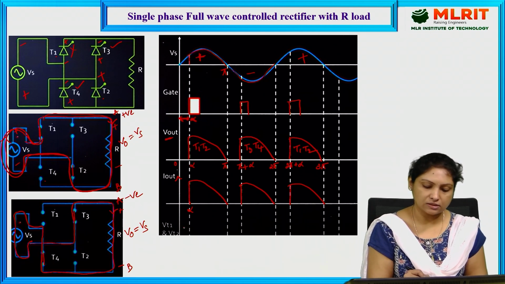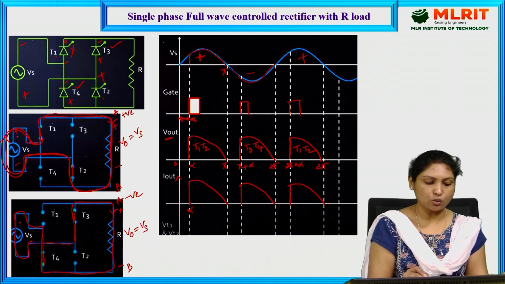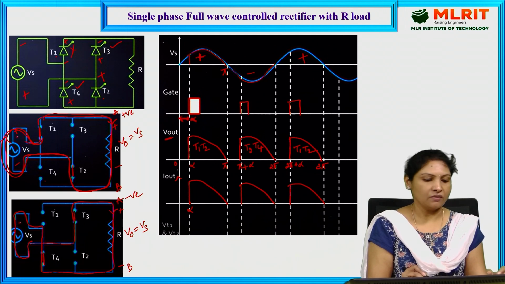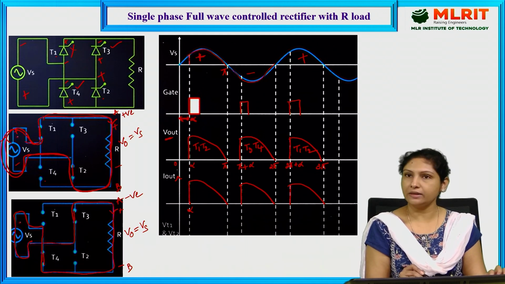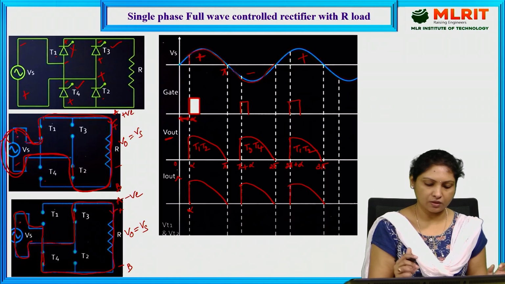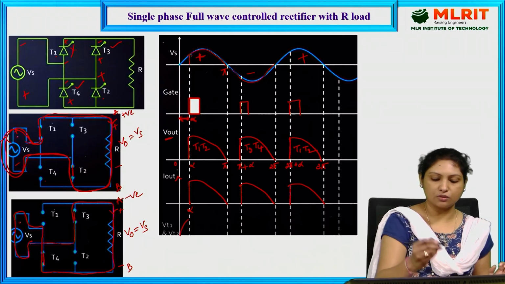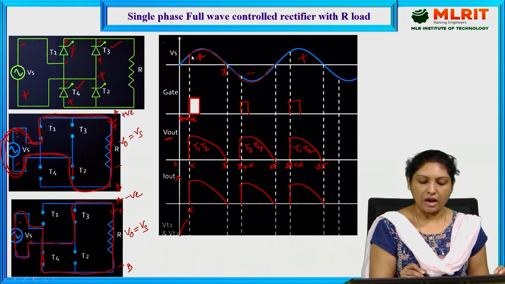So when thyristors T1 and T2 are in the off state, whatever supply voltage we are applying will appear across T1 and T2. So the voltage across T1 and T2 will be just similar to that of Vs. And this is during the off condition of T1 and T2.